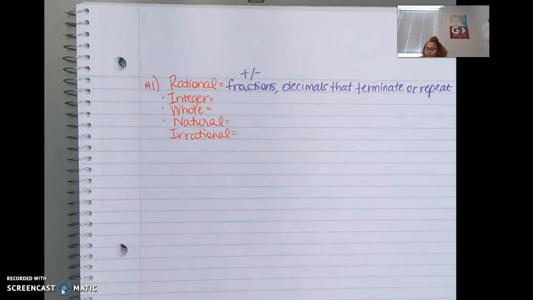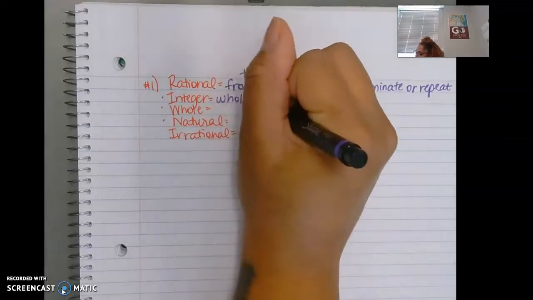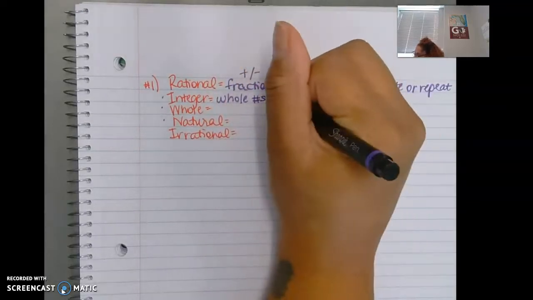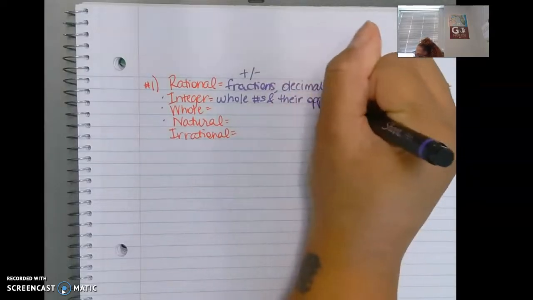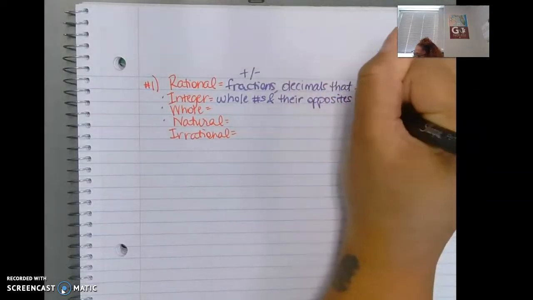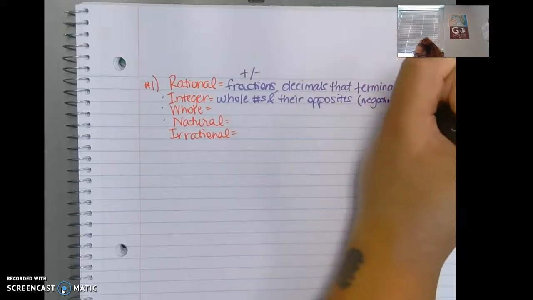An integer is what? Whole numbers and their opposites. What do you mean by opposite? Good. Are there any decimals or fractions?